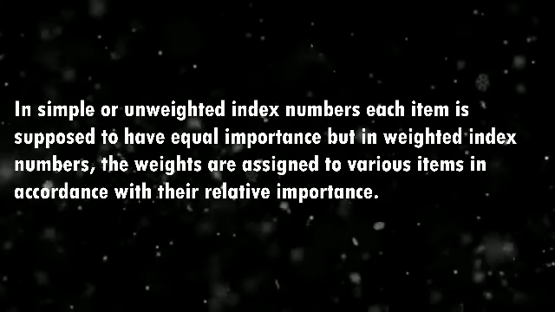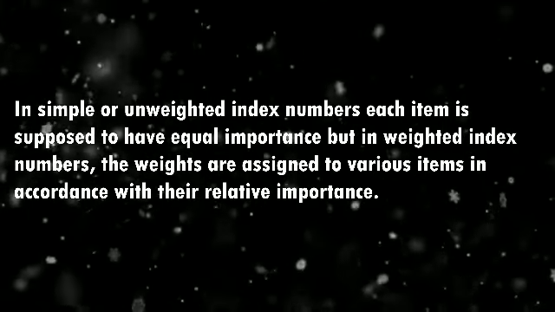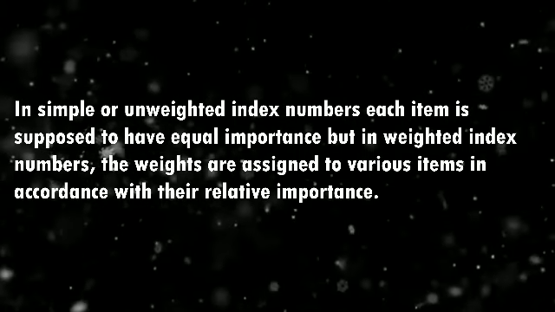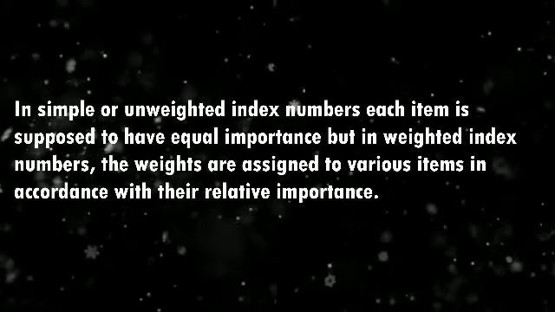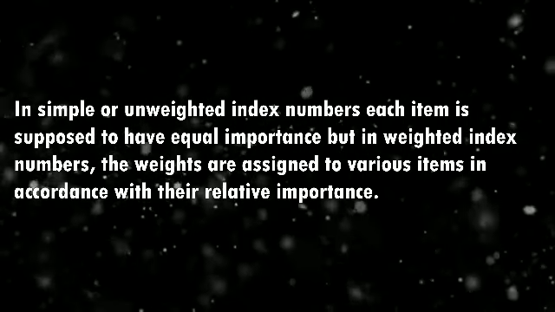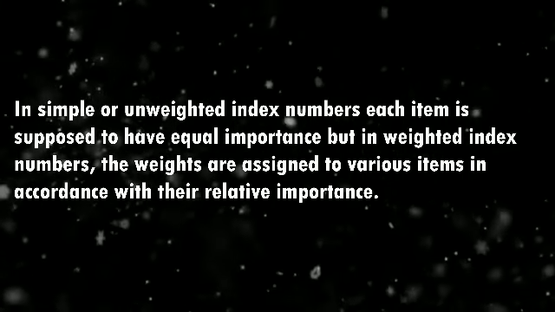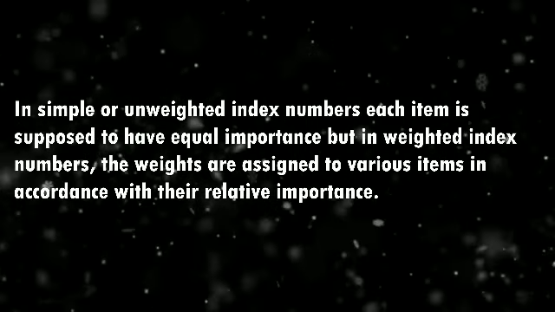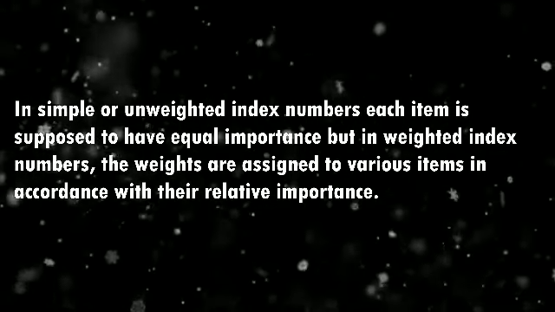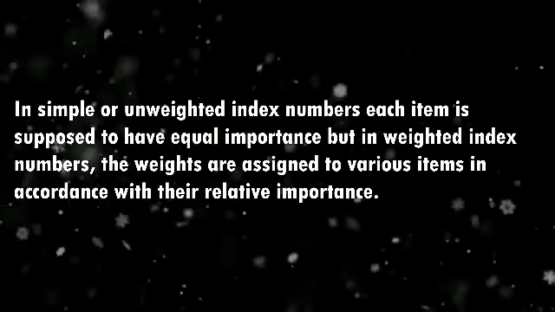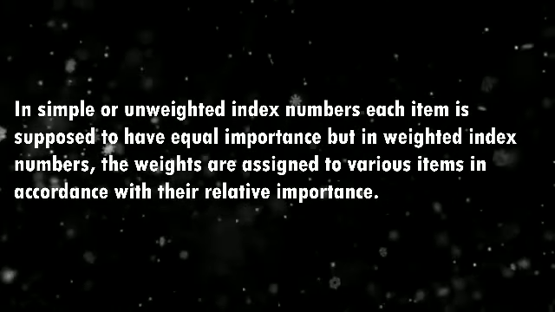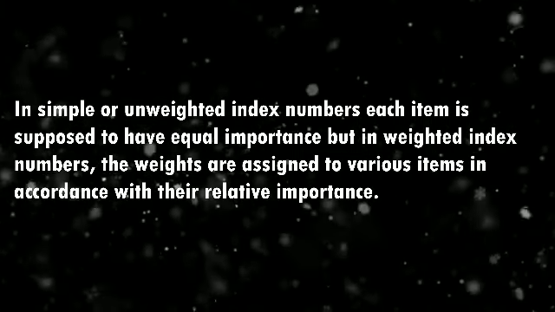In the concept of unweighted index number, equal importance is given to all the commodities irrespective of their weightage. Under weighted index number, the weights are assigned based on their relative importance.